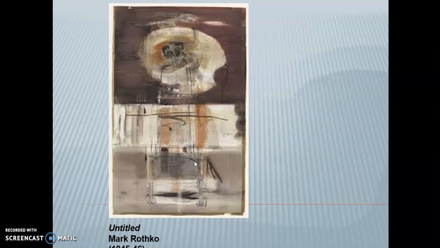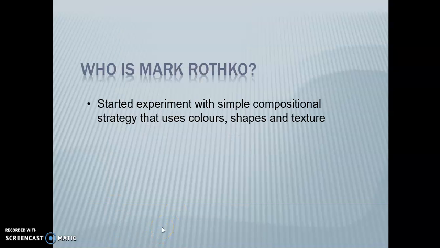When you look at it, you have to interpret it on your own. So this is known as abstract. Realism is a drawing of something you see in real life, while abstract is something that has been simplified. This painting is titled Untitled, done in 1945 to 1946.